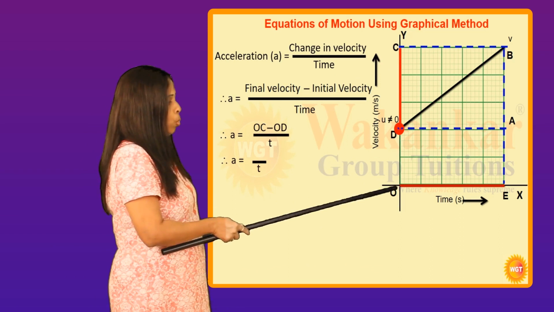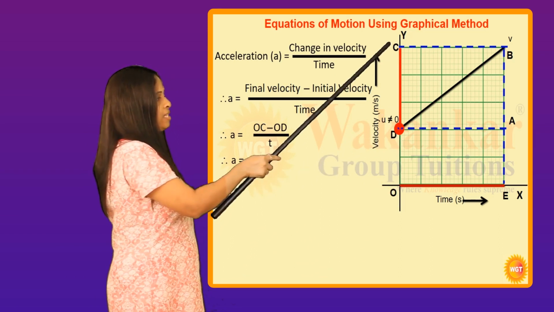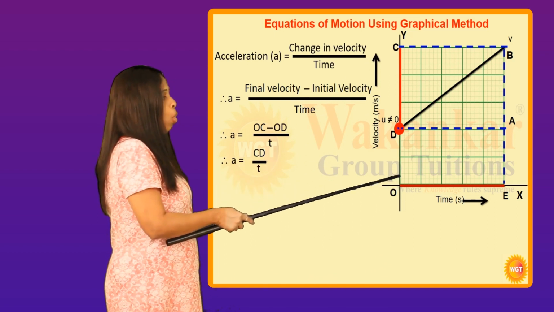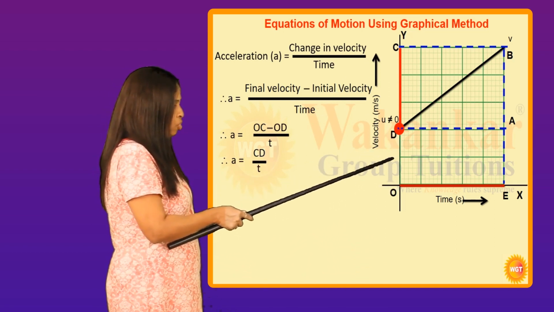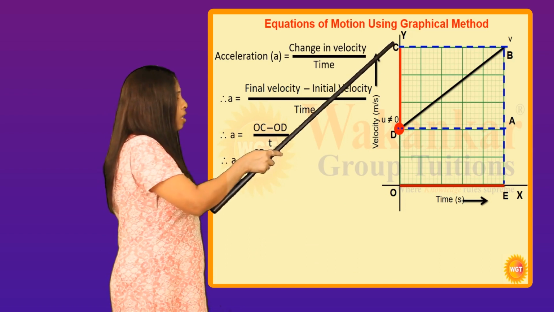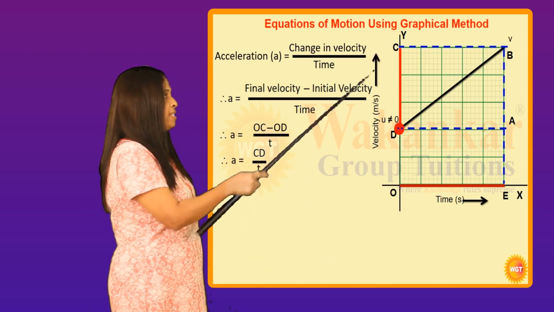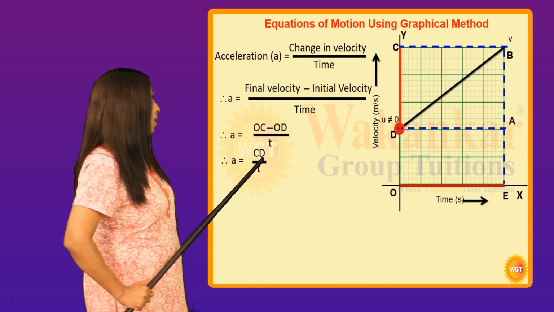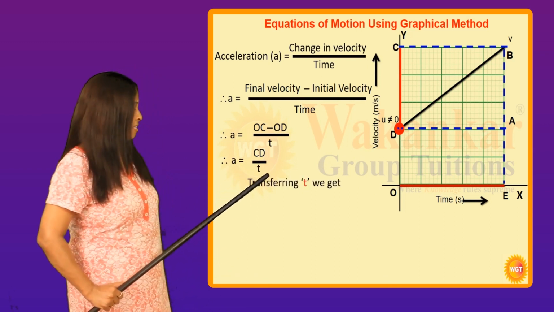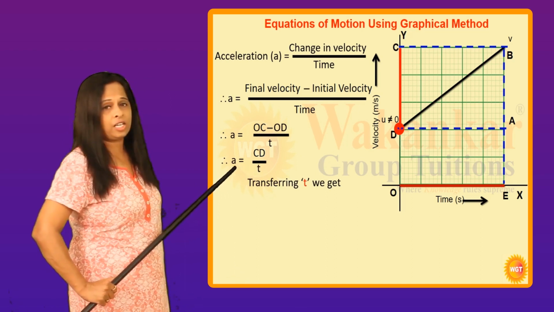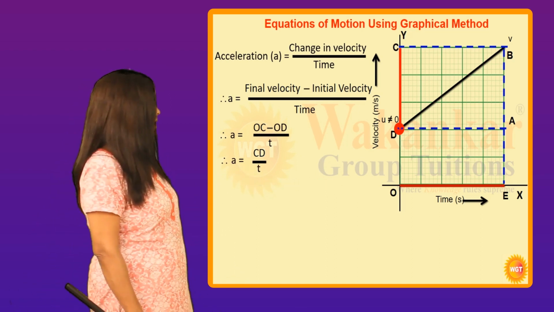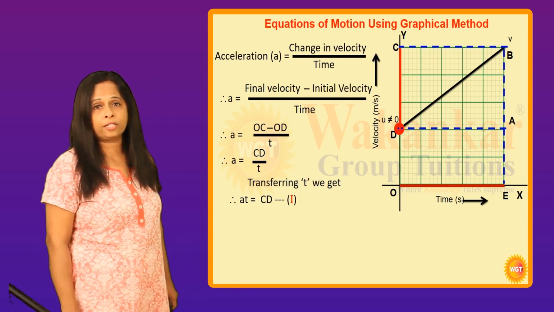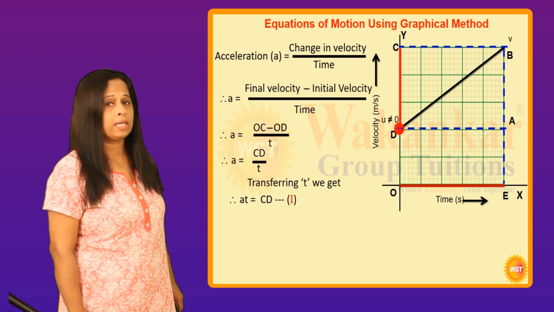If you subtract OD, only this much part from entire OC, what remains is CD. So I can write OC minus OD as CD. In my next step, I will transfer this t to the left side and thus I get at is equal to CD.